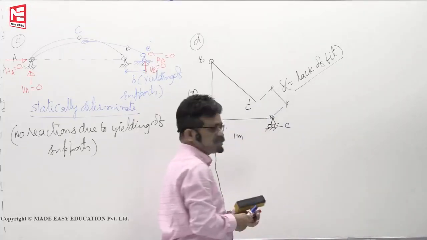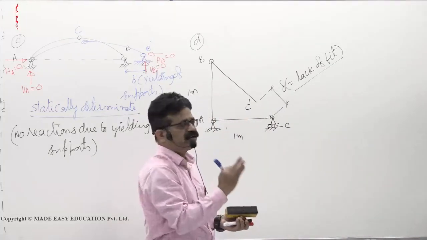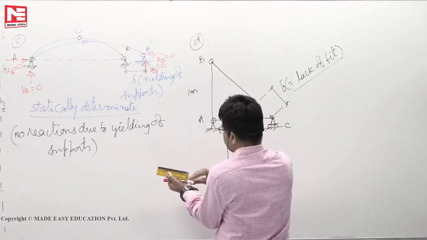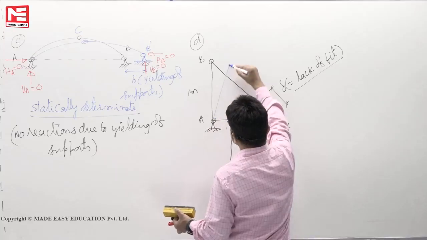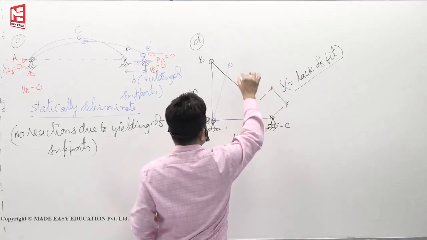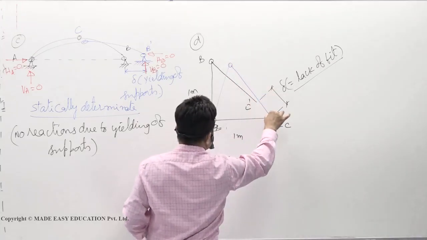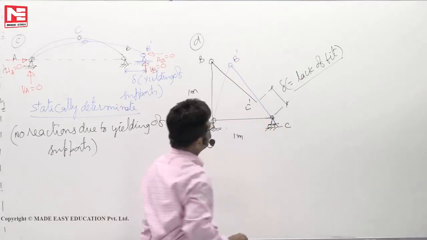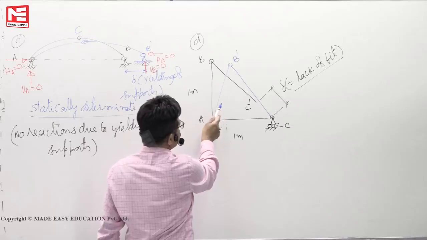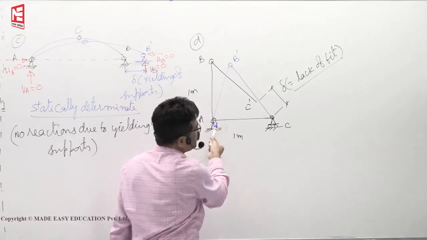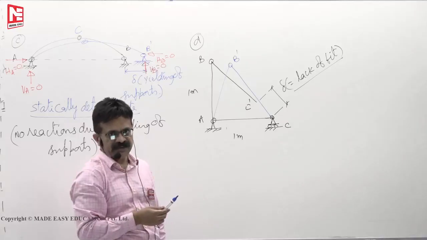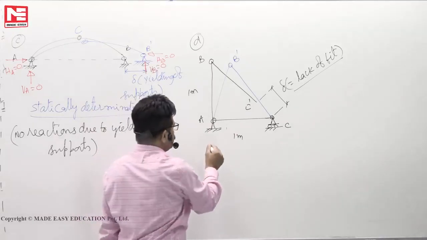Only thing that happens is the straightness will be lost. It won't be vertical, it will be inclined slightly like this. Now it will fit into this one like this. B will go to B dash, C dash will go to C. So this much loss will be there. Instead of straight 90 degrees, you may get 89 degrees or 88 degrees. That much error will be there. But no forces will develop here.